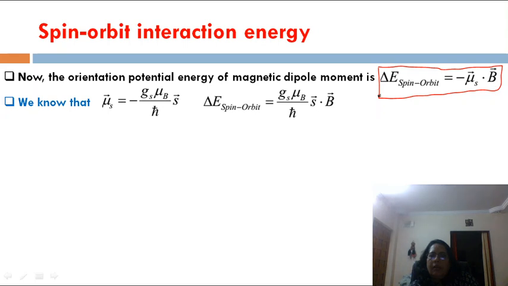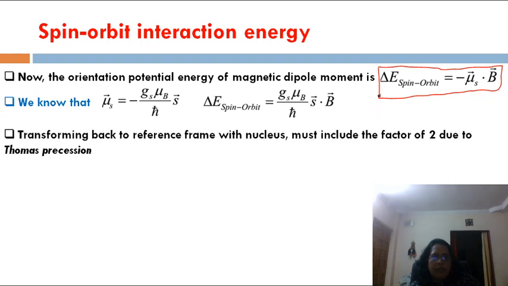The spin magnetic moment dot magnetic induction. What is this magnetic induction? It is the induction of the magnetic field generated by the moving nucleus with reference to the electron. Everybody got it? So the change in energy due to spin and orbit is taken to be this.